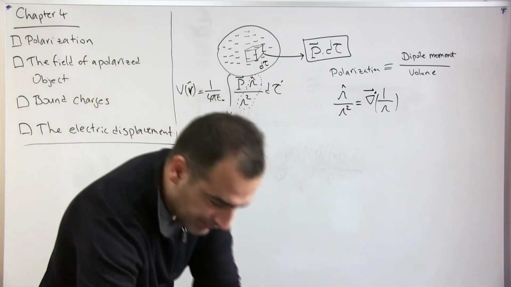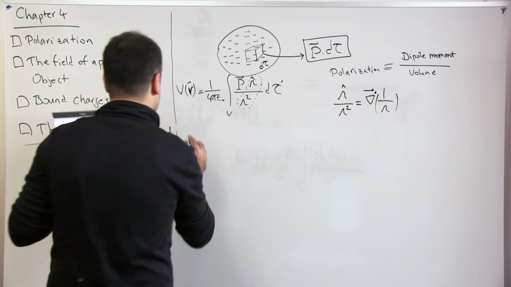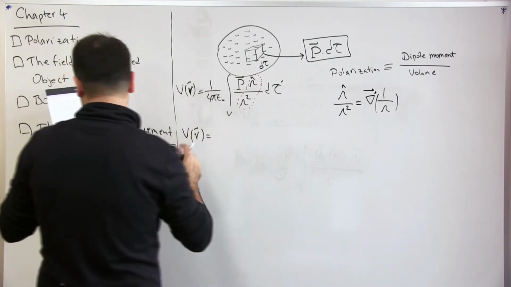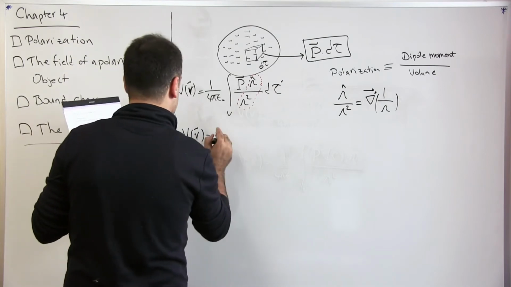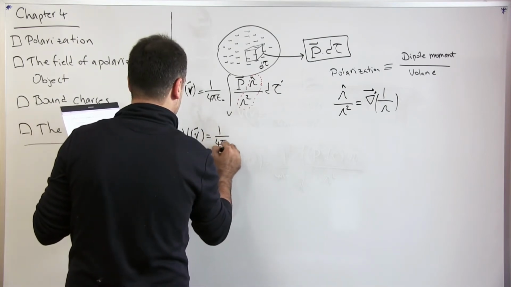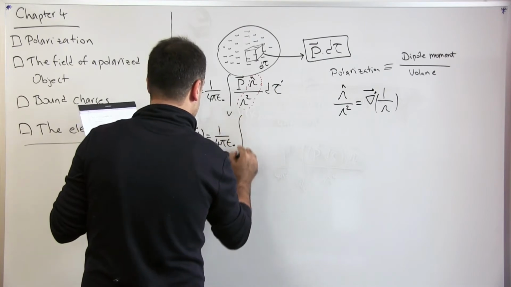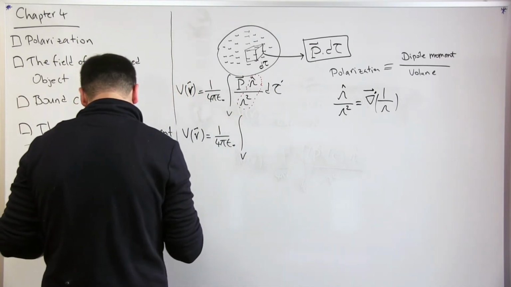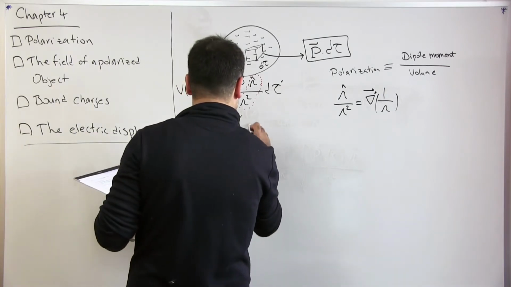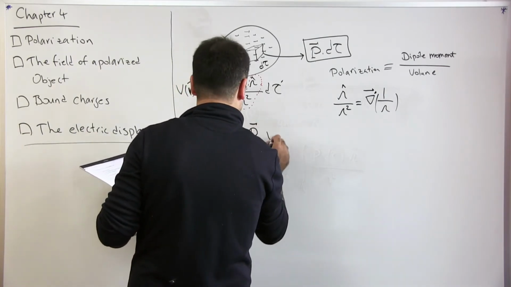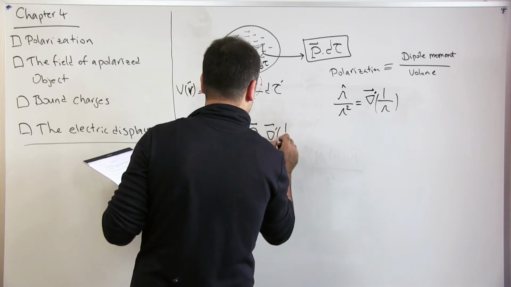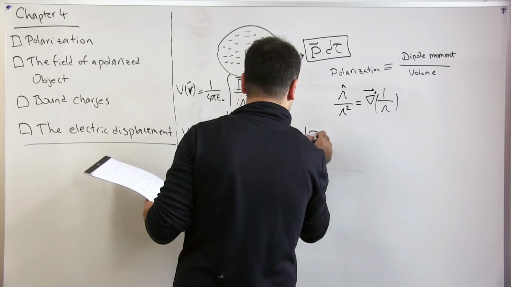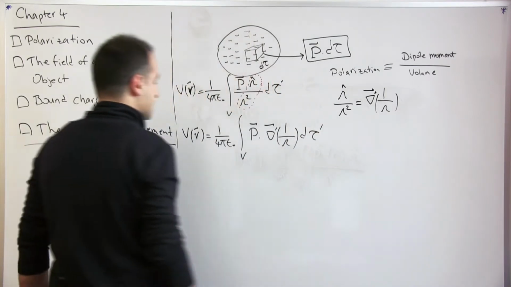Now with doing that, I'm changing this integral. It looks a little more complicated, but eventually you will see that it's really helpful. 1 over 4 pi epsilon 0 integral runs over the same volume, of P dot gradient in the prime coordinate of 1 over r, times d tau prime.